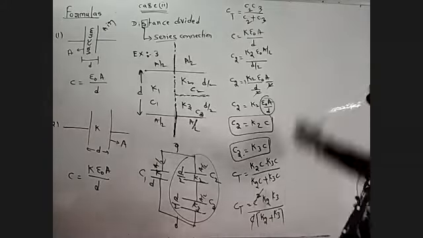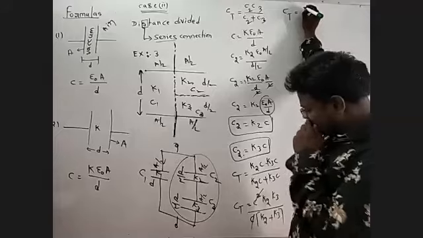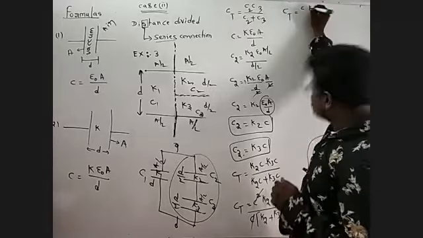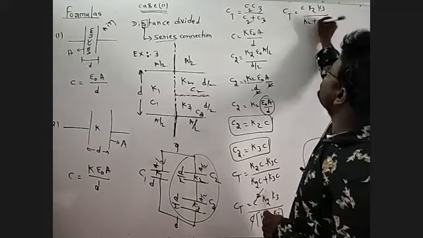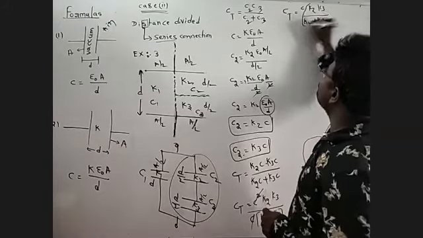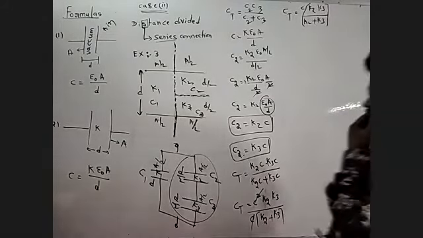The C's cancel each other. C total is equal to C into K2 K3 by K2 plus K3. This is the formula for C total.